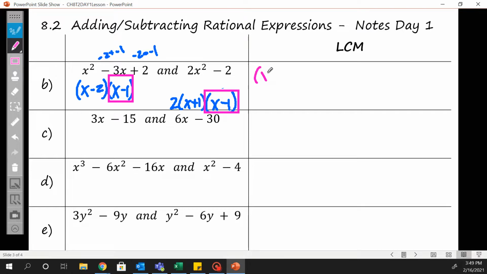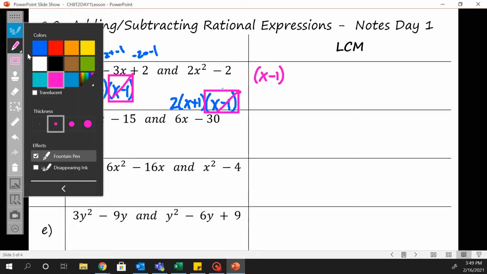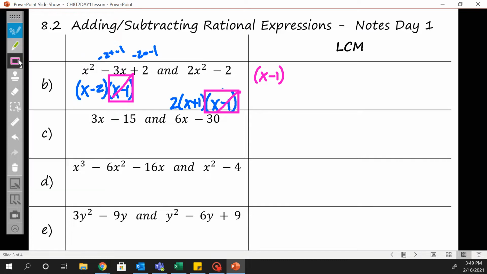So that's part of the LCM. What's also part of the LCM is what they don't have in common. So x minus 2. X plus 1. And 2.